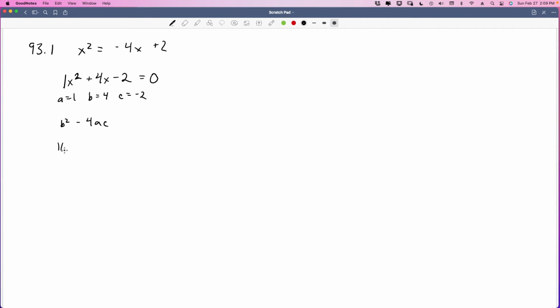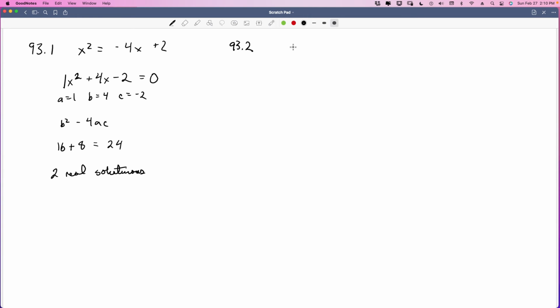That's going to be 16 minus 4 times 1 is 4 times negative 2. Negative 4 times negative 2 is a positive 8. So we're going to have a positive number, which is going to be 24. So we're going to have the result of two real number solutions. Two real solutions. Right, that means no imaginary numbers.